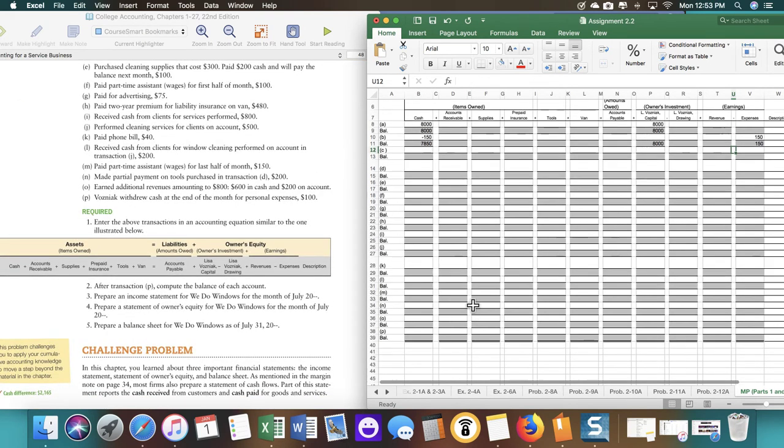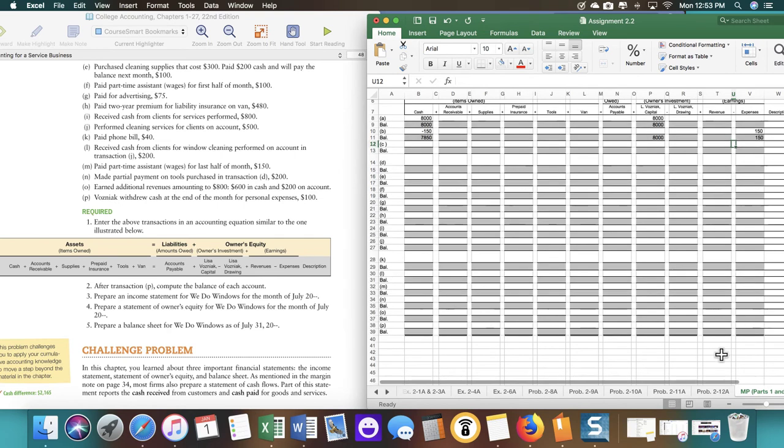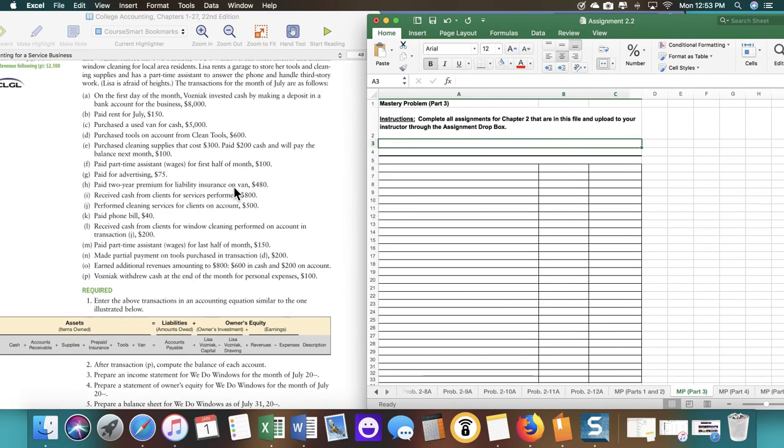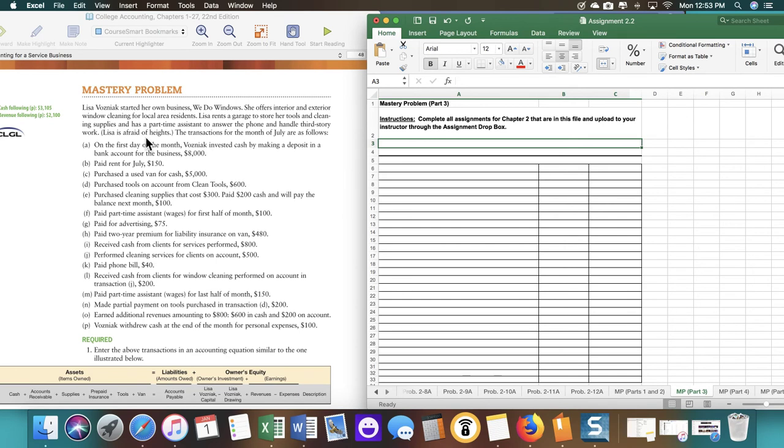Part 2 is basically like we did at the end of 2-9. You're going to total up the entire column and make sure that everything balances. Part 3 is we're going to have to do an income statement. So we're going to have the name of the business, which is We Do Windows.